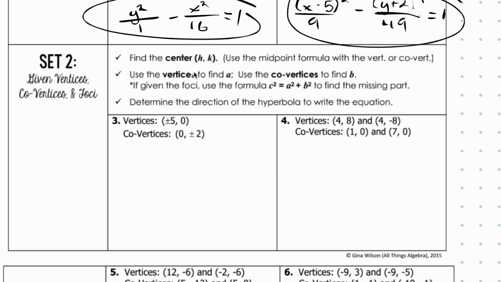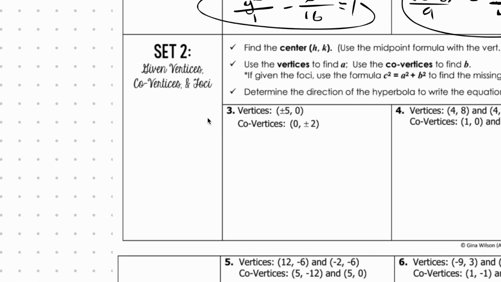One thing to know is that our center is going to be the midpoint of our vertices, or the midpoint of our co-vertices. And so our midpoint formula, I'm just going to write it out one more time. It's just going to be x1 plus x2 over 2, and then y1 plus y2 over 2.